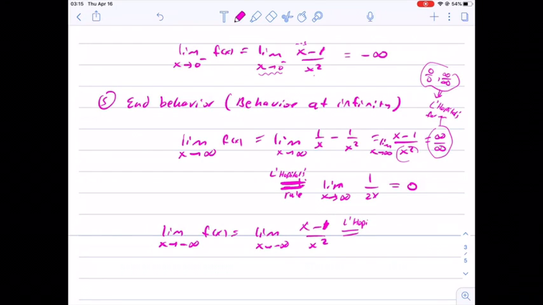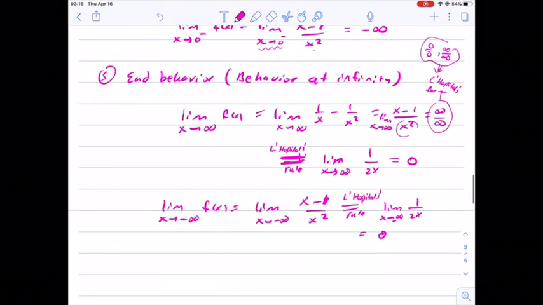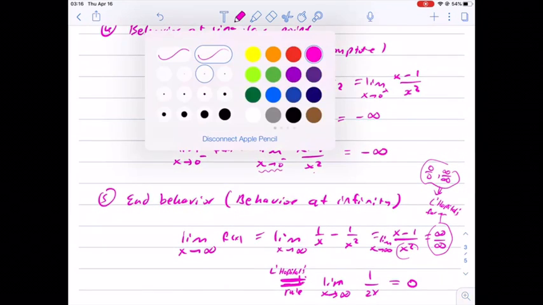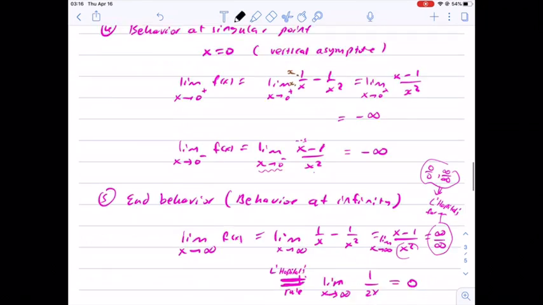So we find the derivative in this case. L'Hopital's rule, we have limit of 1 over 2x, x goes to negative infinity, and this gives us 0. So as x goes to infinity and x goes to negative infinity, the function approaches 0.